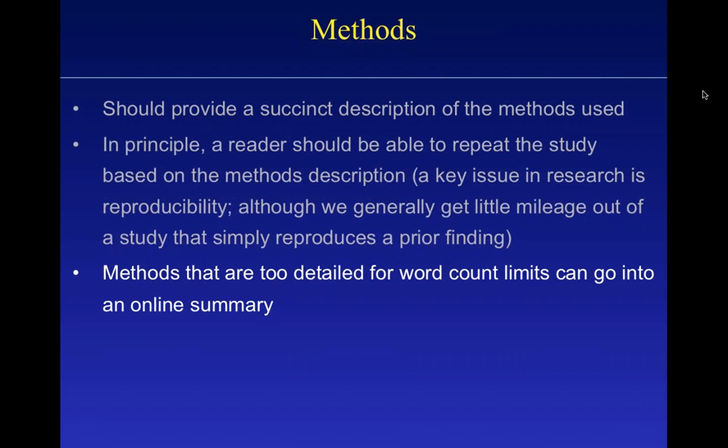In fact, online supplements have no length limits, and so any methods that you think should be in there, and of course that goes for other elements in the paper, can be put into an online supplement.